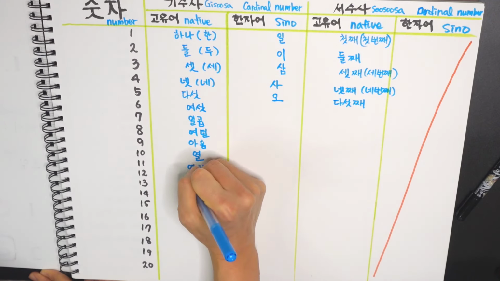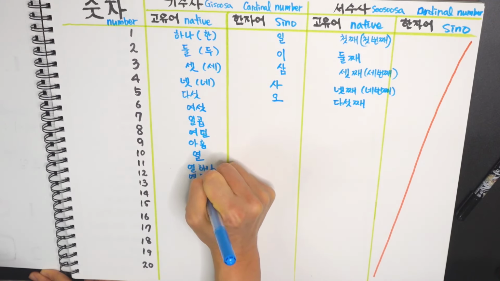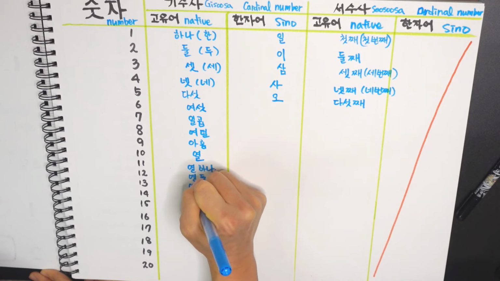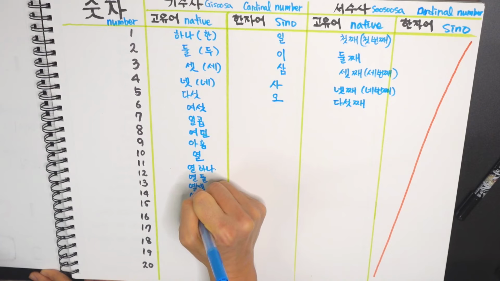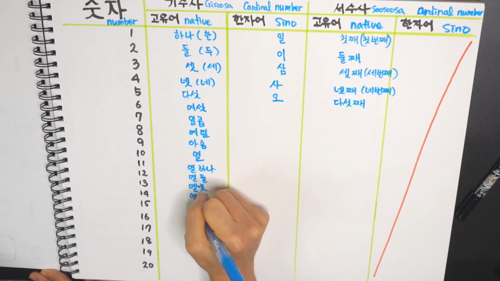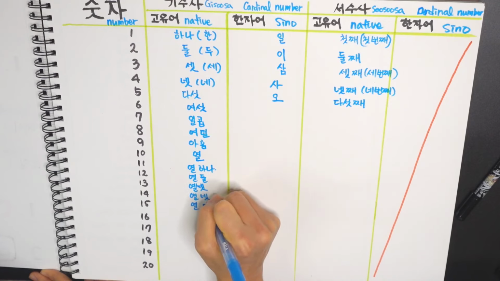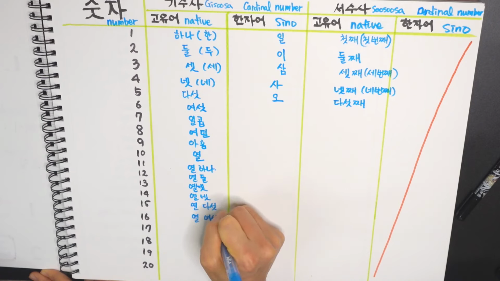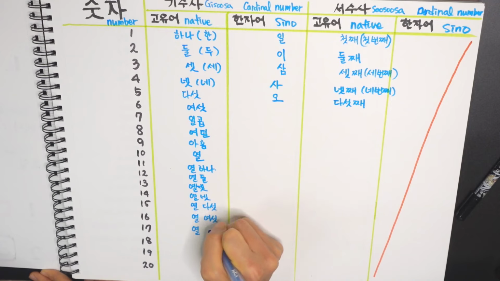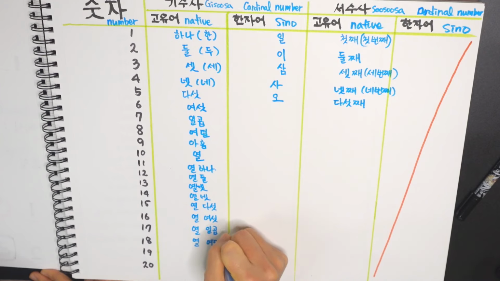Okay? So 열 둘. And 열 셋. 열 넷. 열 다섯. 열 여섯. 열 일곱. 열 여덟. 열 아홉.